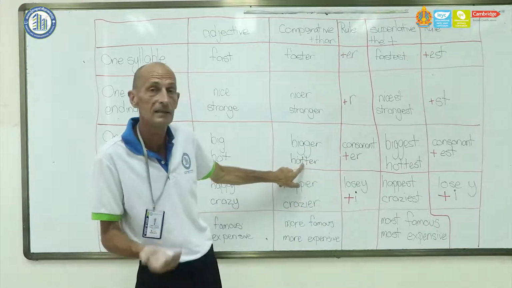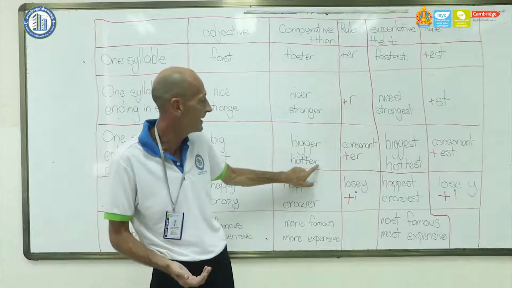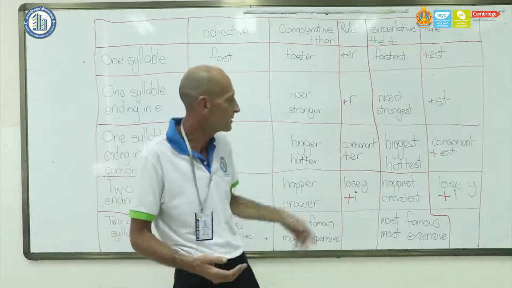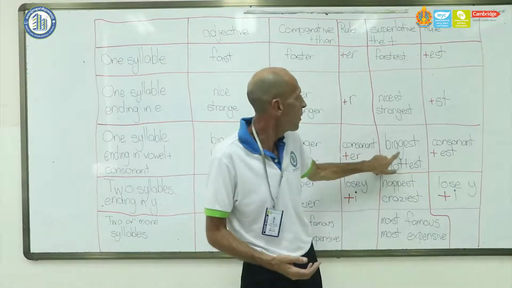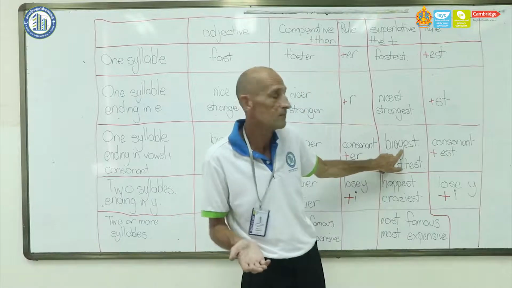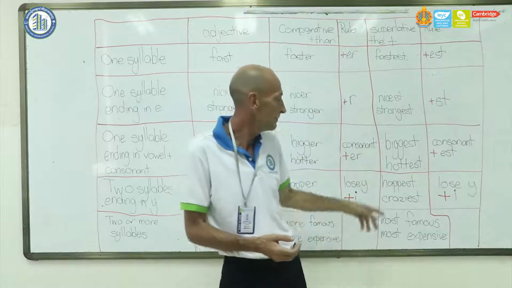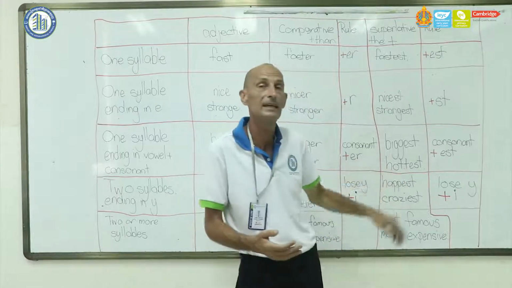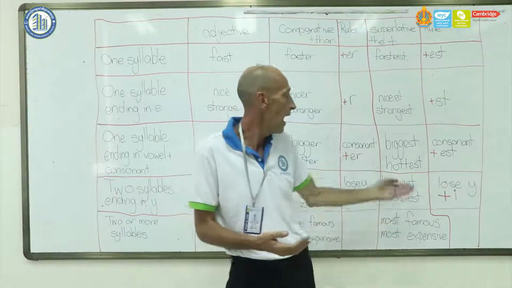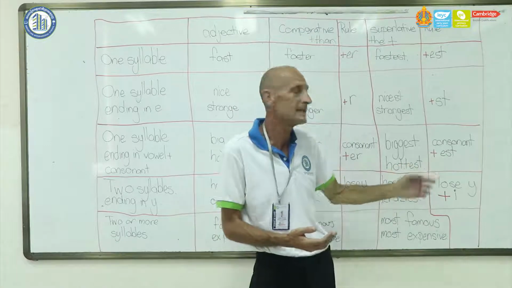Hotter, because it ends in a T, we put a second T and then ER. And with our superlatives, we put in our G, because that's our last letter, and then EST. And hot, we add a T, because that's our last consonant, and then EST.